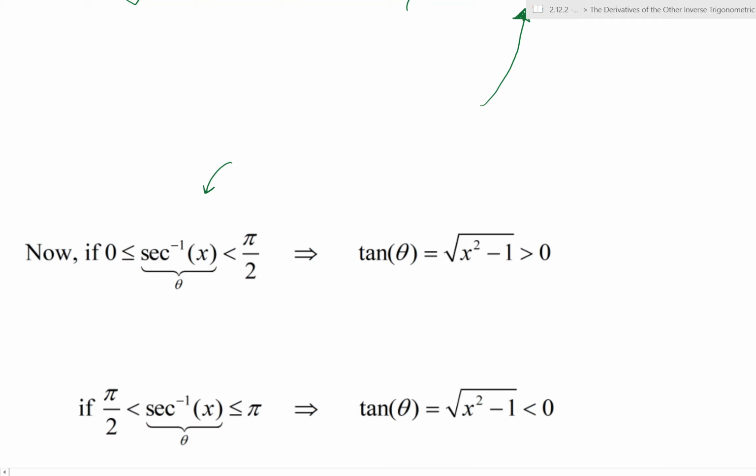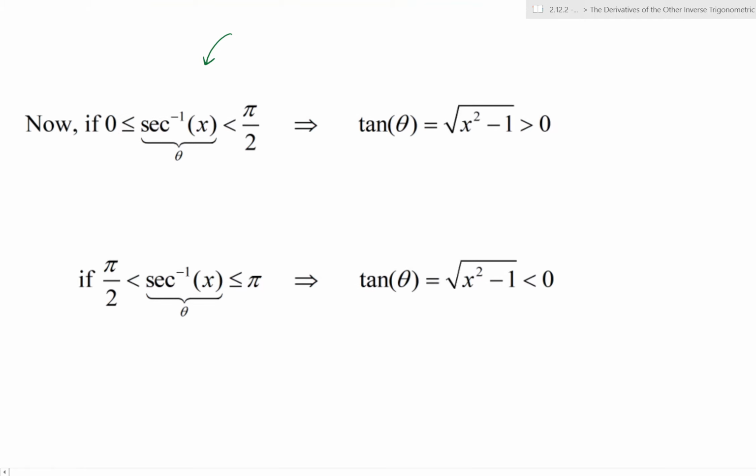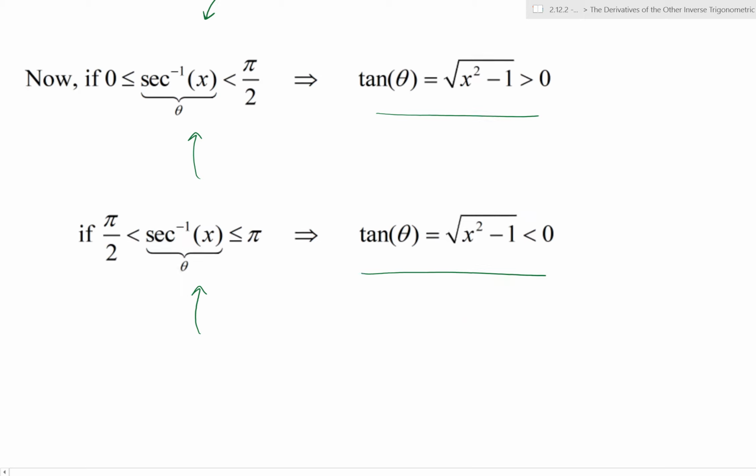And above, if we're at 0, then we'd also be 0. So this is supposed to help us define the result that we got for the derivative of the secant inverse function more precisely. And that is, depending on what's going on with our secant inverse of x, that square root that we see in the denominator in our result can change signs.